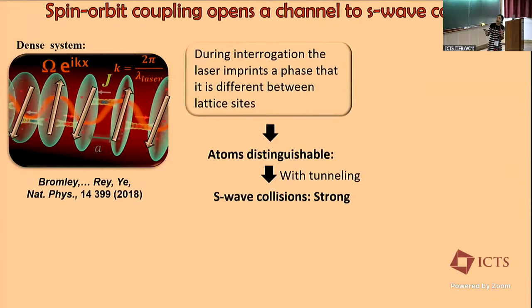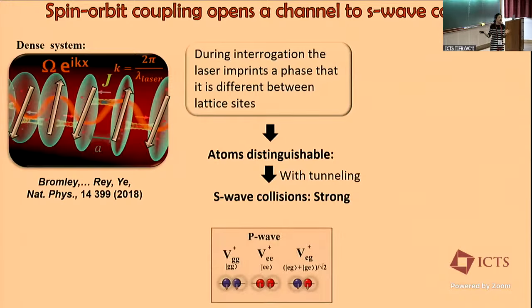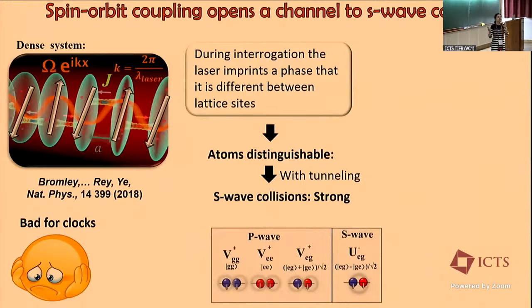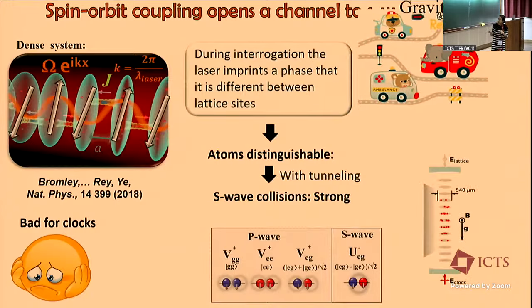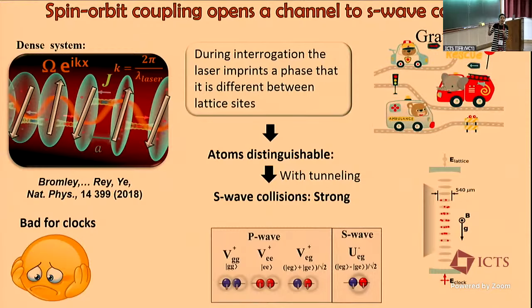But if we have fermions that are distinct, because they are going to have different phases depending on where they are when I let my atoms tunnel from one lattice site to the other, then I open a route for s-wave collisions and therefore very badly affect my clock. Now, if I reduce the lattice depth, my atoms in the clock are going to be really affected by these strong collisions. Okay, but in order to rescue it, we tilted my clock in the other direction.